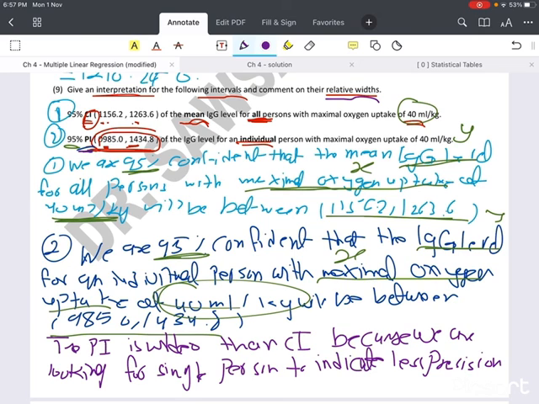Okay, so you write like this: the PI is wider than the confidence interval because we are looking for a single person, or for something single. You change only this, if it is person or something else, to indicate less precision.